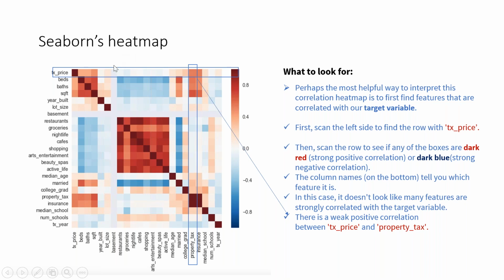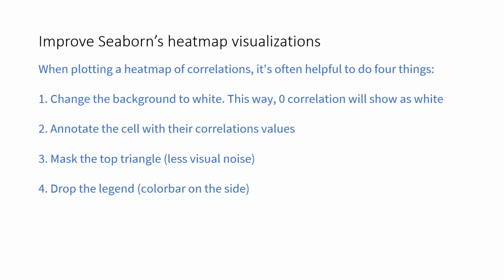Okay, to ignore that, always change the background of your heat map to white. Then whatever is not calculated will become white. It will not unnecessarily create noise as you are reading your map. This way zero correlation will show as white. Whatever you asked, the zero correlation for basement will be shown as white.